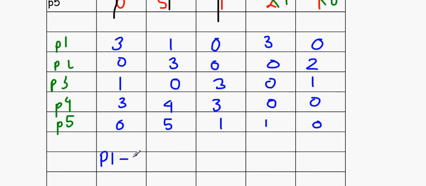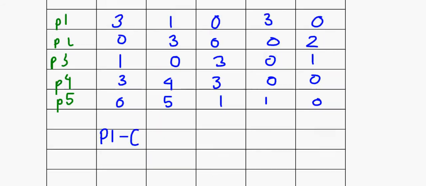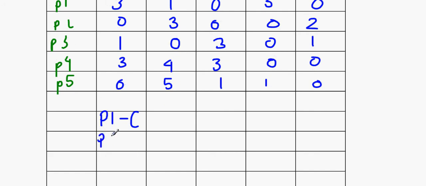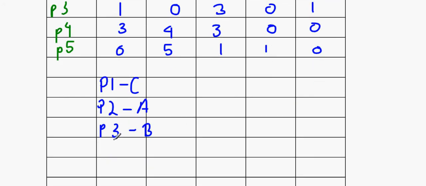We can say that puzzle 1 can be allocated to C, because it's got a 0. Puzzle 2 can be allocated to A. Puzzle 3 can be allocated to B. Puzzle 4 can be allocated to D. And puzzle 5 can be allocated to E, because those are what have the zeros.